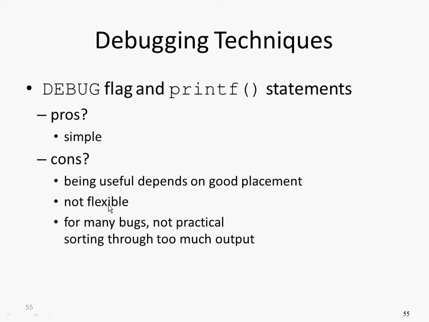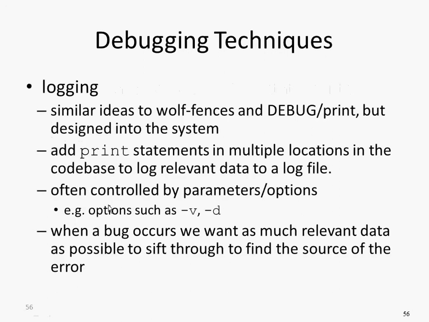It's not so flexible. It requires inserting printfs and maybe stripping them out later. Although if you've made a copy of the code, you might not have to do that. And often you're sorting through a lot of output. So there are additional mechanisms that can be used. One is to use logs. And for those who take my later class, 371, you'll hear about a framework for Java called log4j.